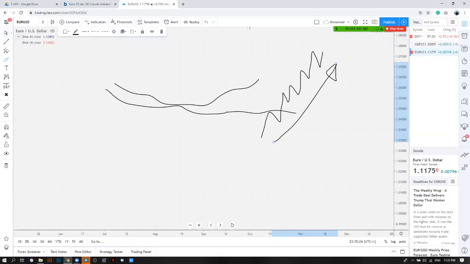Okay, how quick or how explosive are the moves going to be? And then once you start to see them fan out, then you would expect that your daily ranges are going to be big, very big daily ranges. So that is what makes the market go very, very vertical.